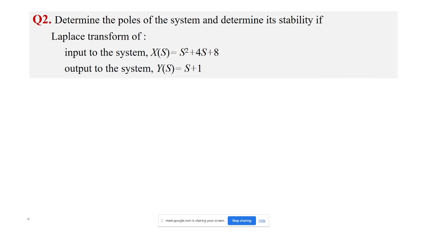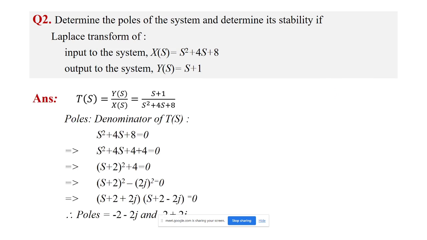So T of s equal to y of s by x of s equal to s plus 1 by s square plus 4s plus 8. We need to find the poles, so we will equate the denominator to 0: s square plus 4s plus 8 equal to 0.